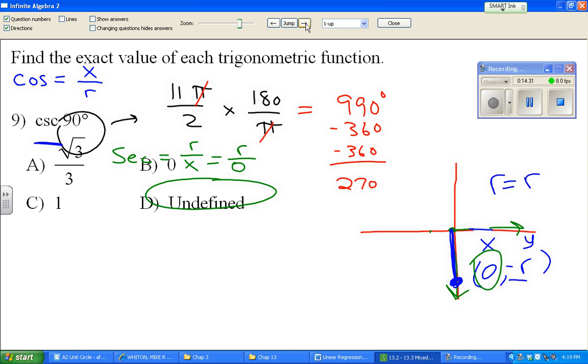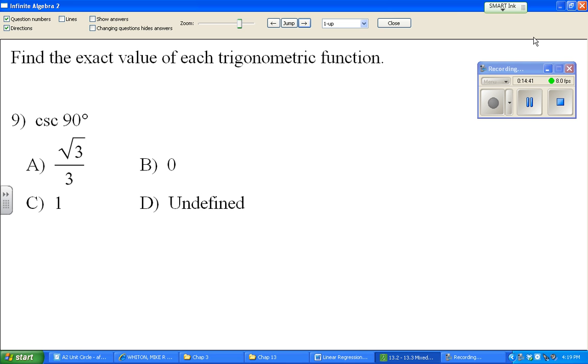Okay, number 9 ends up being similar here. The cosecant of 90 degrees. So 90 degrees, again, is right on the borderline. The angle in standard position goes straight up here. There's a point here, and it's similar to the last one where the x coordinate again is 0.